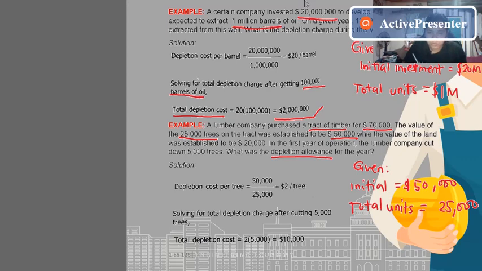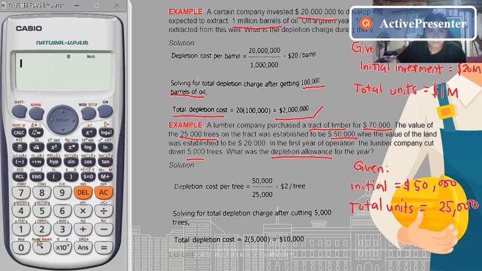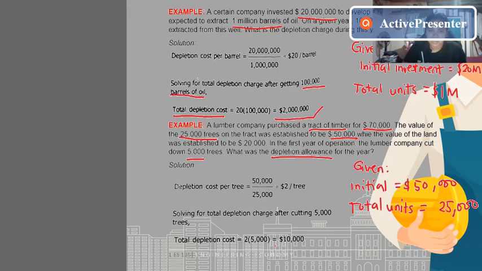So, $2 per tree. Since 5,000 trees were cut down, the total depletion cost will be $2 multiplied by the 5,000 trees. So our total depletion cost will be $10,000. So, this is our final answer.